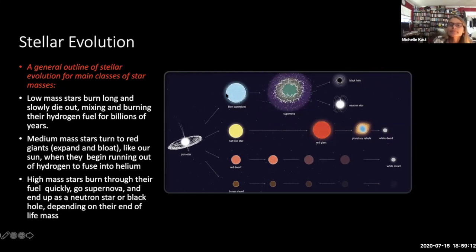And then a high mass star, which are the ones on the upper top left of the HR diagram, blue supergiants, are squeezed together so much that they burn through their fuel very quickly and get to what's called an iron core. Once you get to that iron core, you cannot fuse anymore. It takes energy to do that.